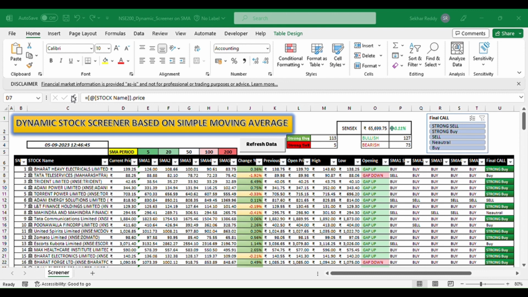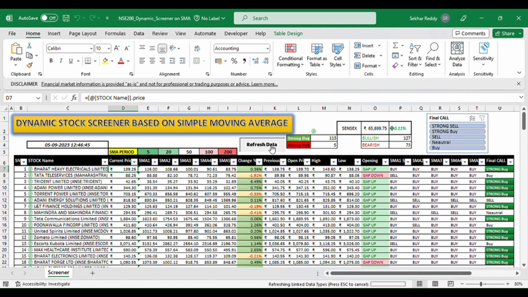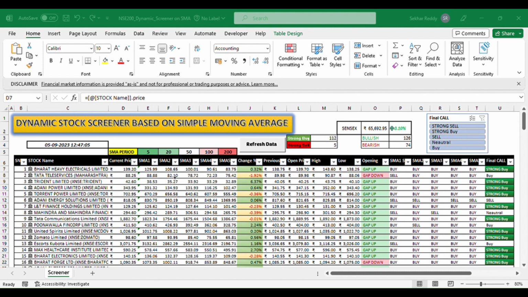Here BHEL is trading at 137.50. It is the same price, 139.30, which is around 139.20 with a fraction of a second delay.